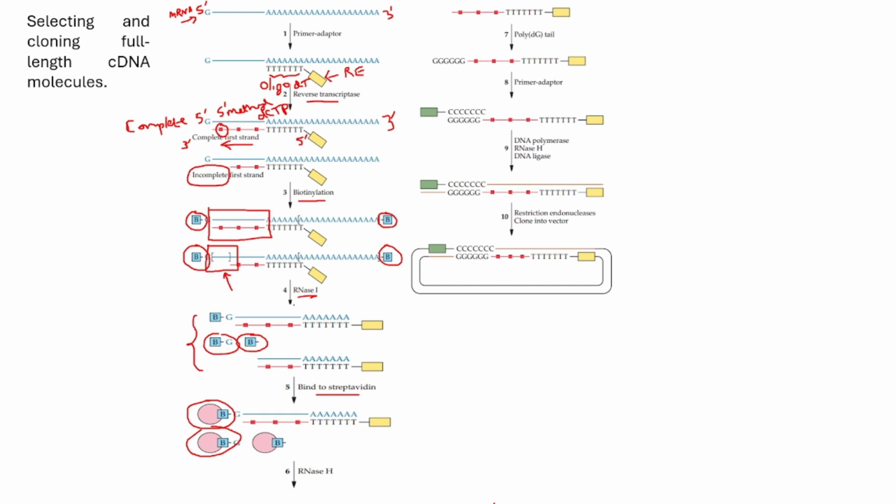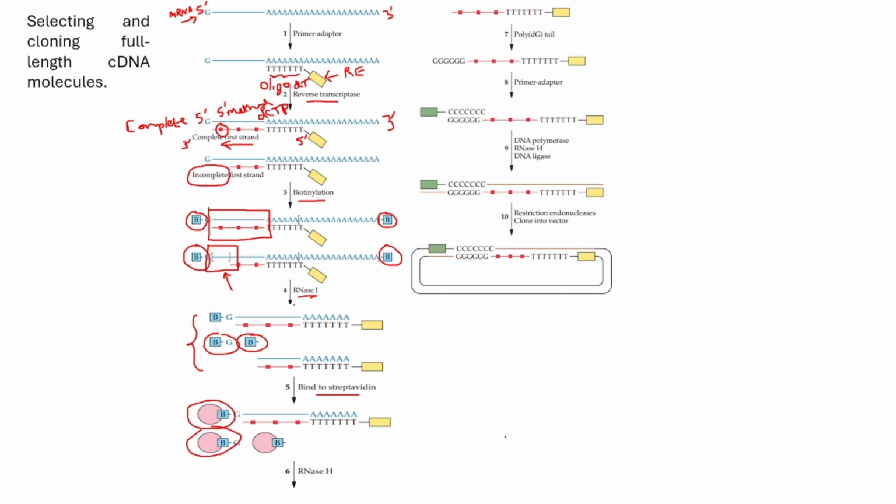In your reaction media, you need to have only the full length cDNA molecules, the full length complete strands, full length RNA DNA hybrids. You don't want any single stranded RNA DNA hybrids, right? So to separate the full length molecules from the single stranded molecules, you perform biotinylation followed by attachment to streptavidin, and you filter out only your desired molecules.